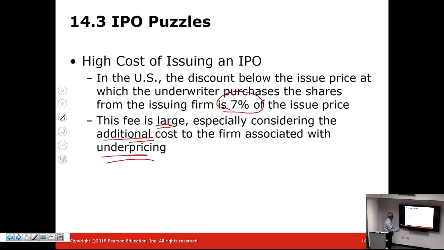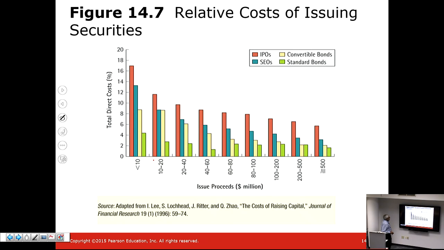So when you take the 18% underpricing and the 7% fee that they're paying, you can easily see that issuing an IPO is not a very lucrative offer from the company's perspective, because they are often taking a 25% upfront hit in raising that capital. Which means that for every dollar that they're raising, they're actually only keeping 75 cents, approximately. 18% on the underpricing, 7% on the cost of issue, on average.